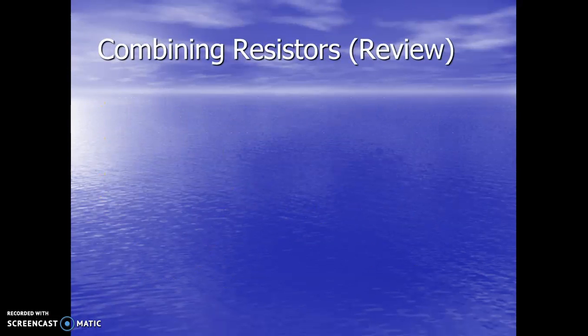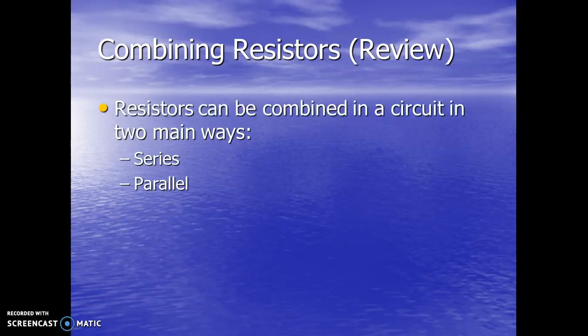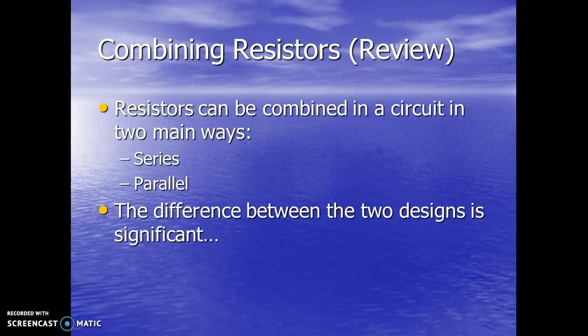Okay, a little bit about combining resistors. We've studied in science class previously the idea of resistors in series and parallel, so we're not going to belabor this point here. There's a worksheet for you to practice these things. Resistors can be combined in series and parallel, and the difference is very important.